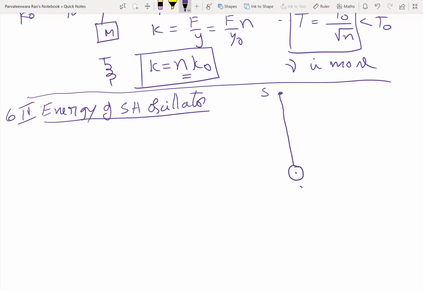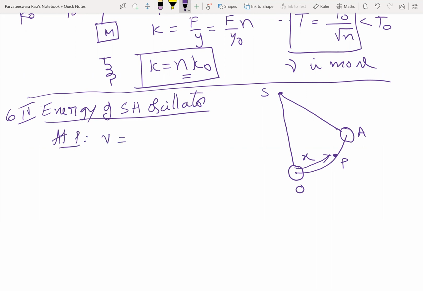This is the equilibrium position. Here is the extreme position. This is some other position at P. The displacement here is x.